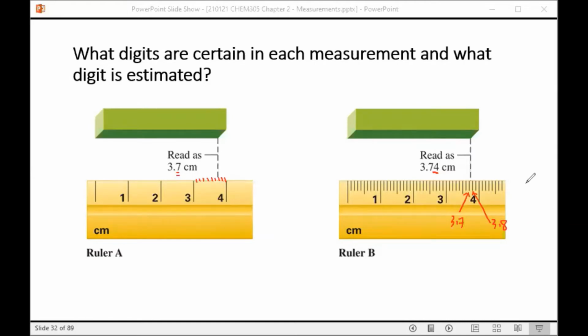So the digits that are certain in both of these measuring devices: in ruler A, we came up with our measurement 3.7. The 3 is certain, and the 0.7 was our estimated or uncertain digit.